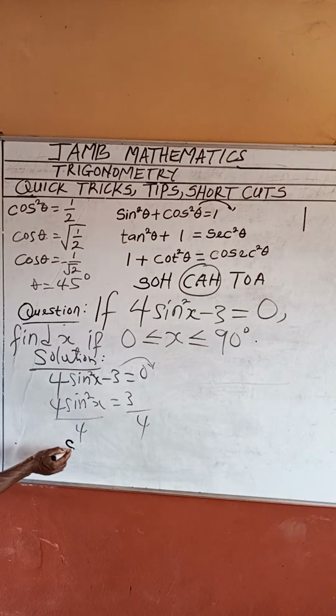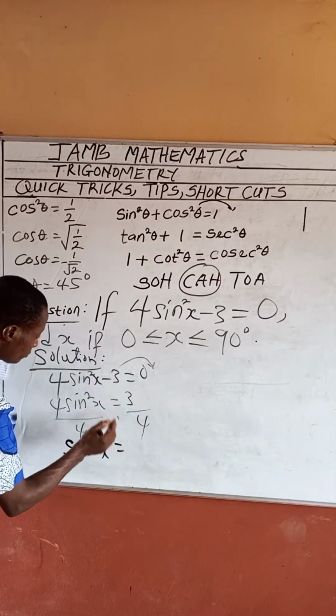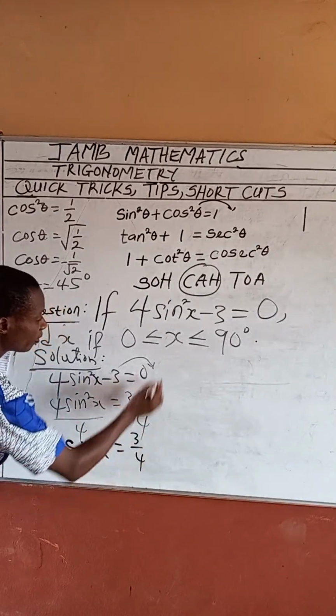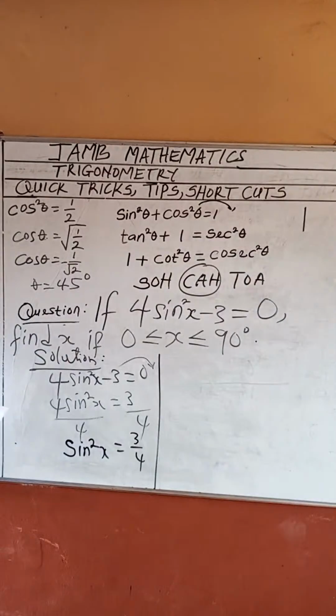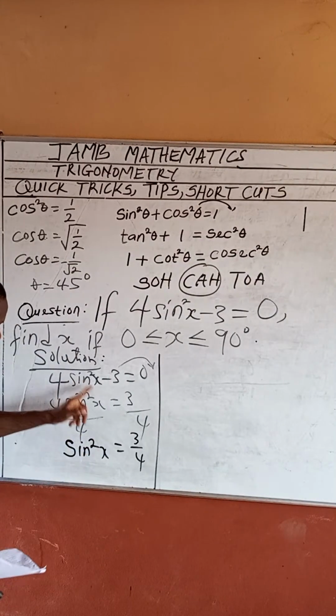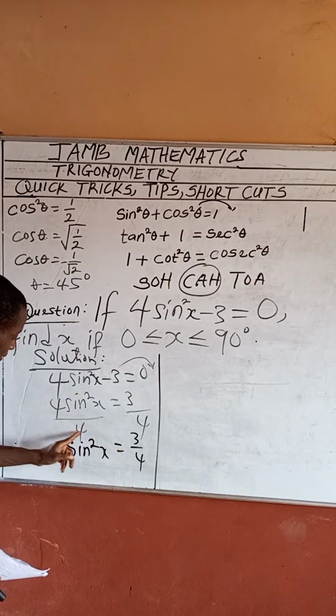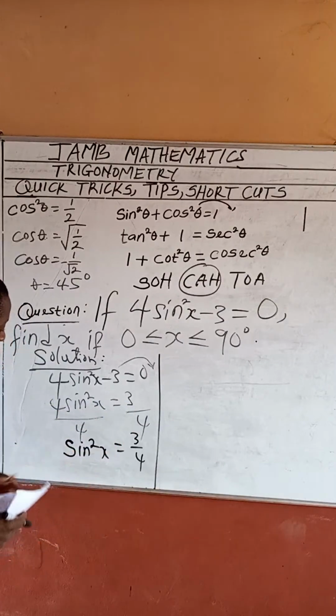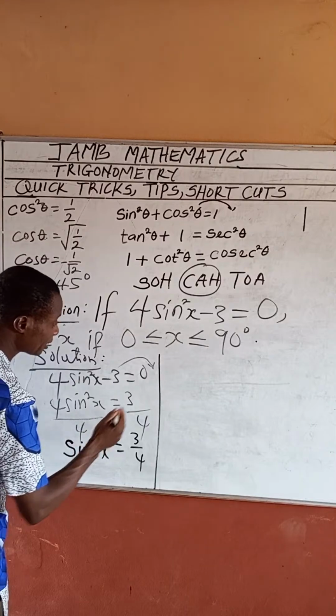So we'll now be left with sine squared x equals 3 over 4. Yes, that's what we're going to get. Sine squared x is equal to 3 over 4, because these 4 have been cancelled by this 4. So we are now left with 3 over 4 here. What is now sine x?